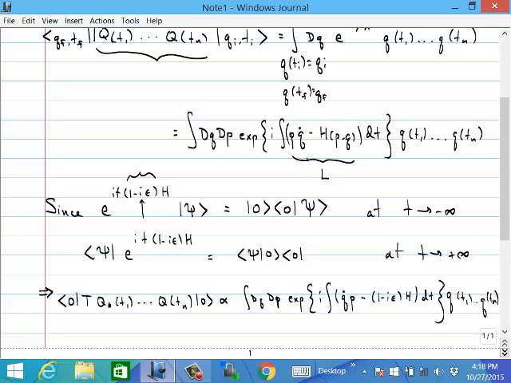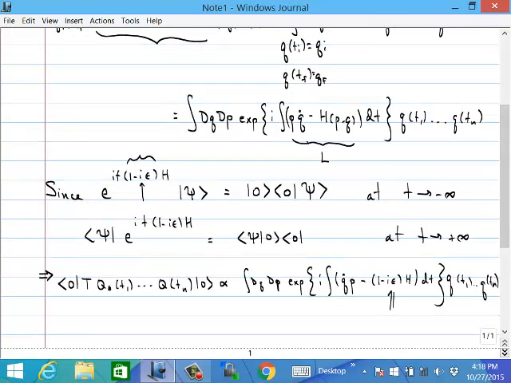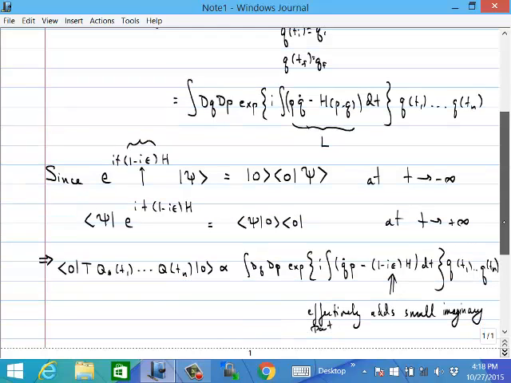So effectively what we're doing in this term is we're adding a small imaginary part to all of the energies of states in the theory.